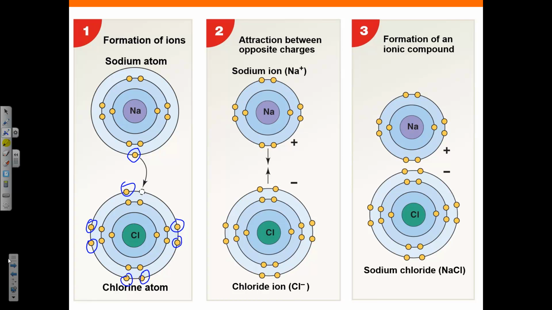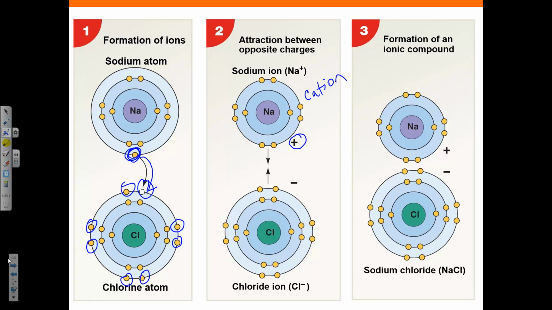As a result, sodium will therefore donate its outer valence electron to chlorine. So sodium is going to take its one extra that it wants to give up, and it's going to give it to the chlorine, which is looking to gain one. As a result, from giving up one of the electrons, sodium will take on a positive charge and become a cation.